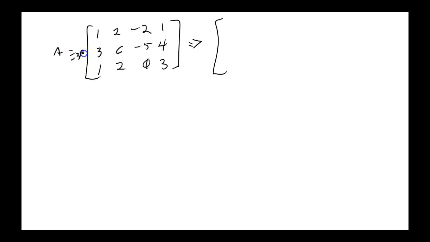Negative 3 row 1 plus row 2, and negative row 1 plus row 3. So 1, 2, minus 2, 1, 0. Wait, I missed my negative. Yeah, that would be a 0, of course.